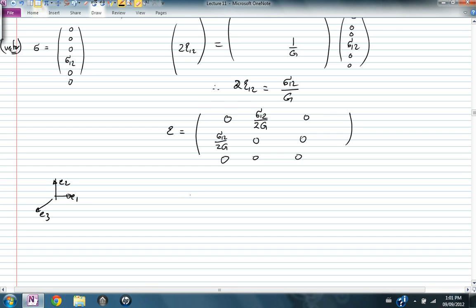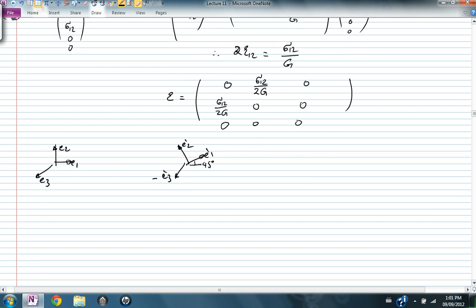Now I'm going to use a new coordinate system, where Q is oriented 45 degrees, and E3 prime is equal to E3. And so for this, Q will be equal to 1 over root 2, 1 over root 2, 0, negative 1 over root 2, 1 over root 2, 0.